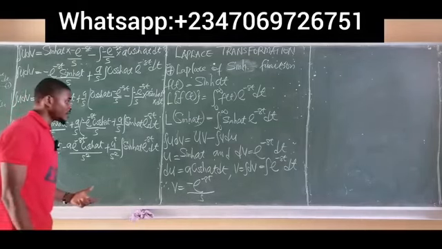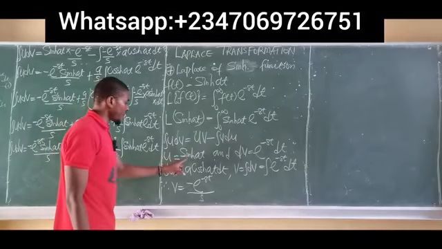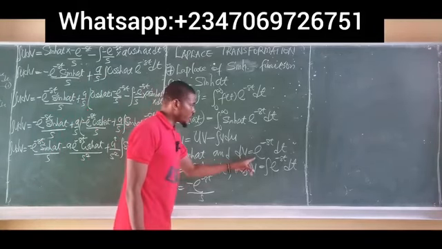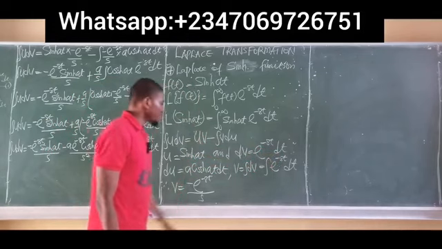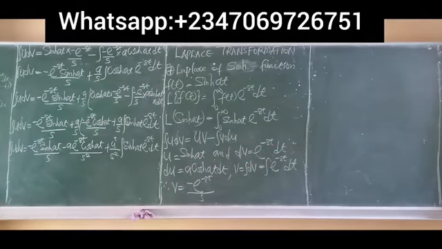Let's move from the beginning. From the beginning, I said let u be equal to sine at and let dv be equal to exponential minus st dt. So in place of u, we can put this back.